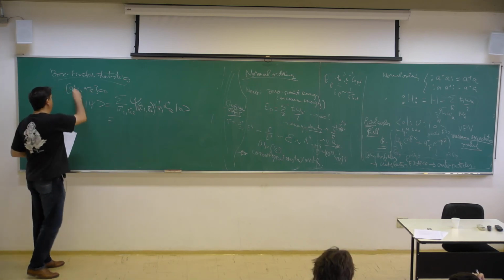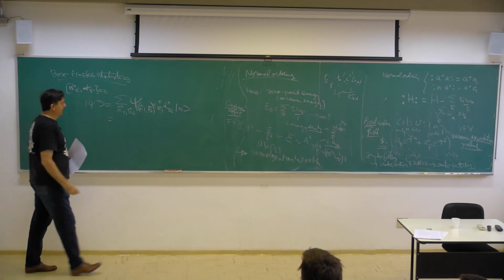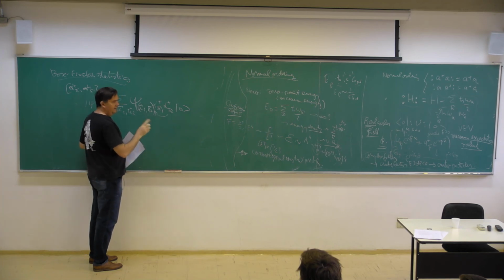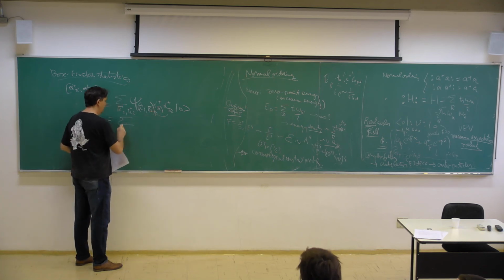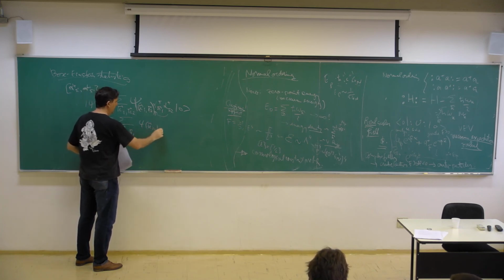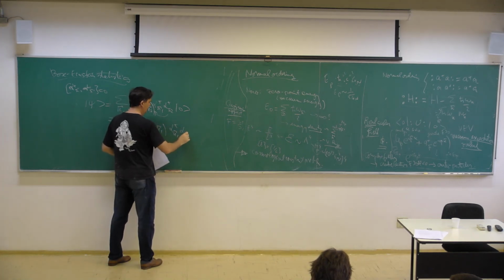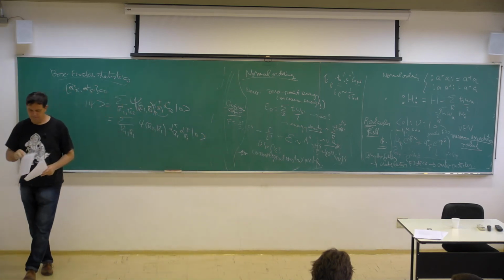But if this is true, then I can commute these two and then rename k1 as k2 and k2 as k1. And so rewrite this as sum over k1, k2 of psi of k2, k1, alpha k1 dagger, alpha k2 dagger, acting on the vacuum, right?